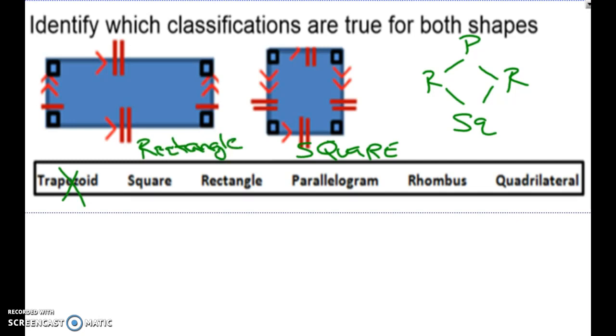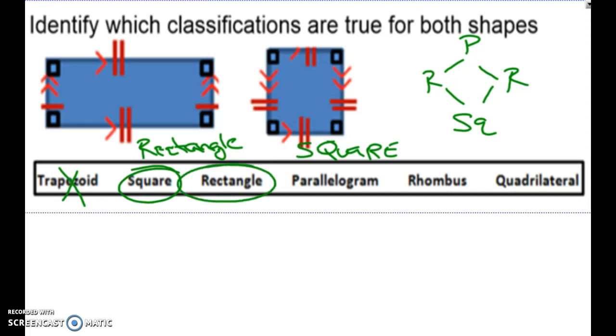Okay. Are they both squares? Well, a square is always a rectangle, so then this would also be a square. So they are both squares and they are both rectangles.